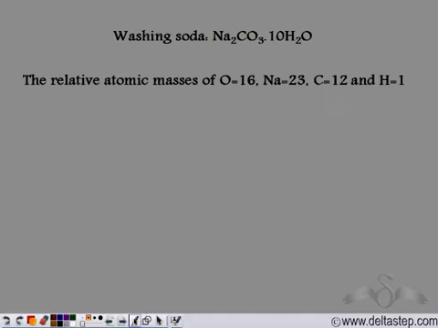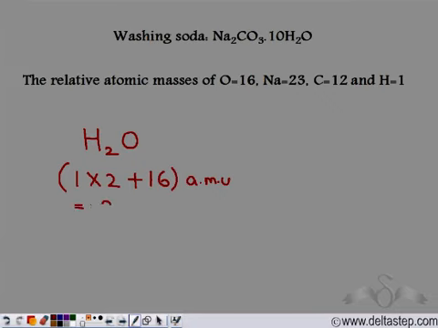So let's calculate first for the water of crystallization. We have H2O. The relative atomic mass of each hydrogen is 1, so we get 1 into 2, and the relative atomic mass of each oxygen is 16. So we get 2 plus 16.